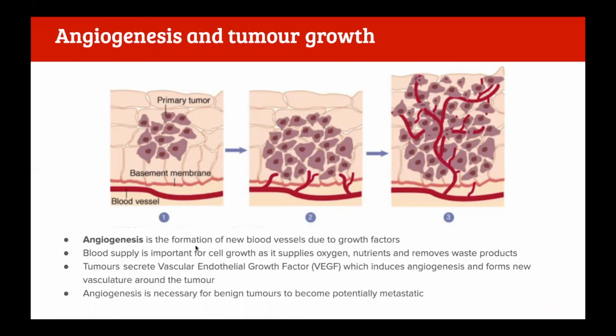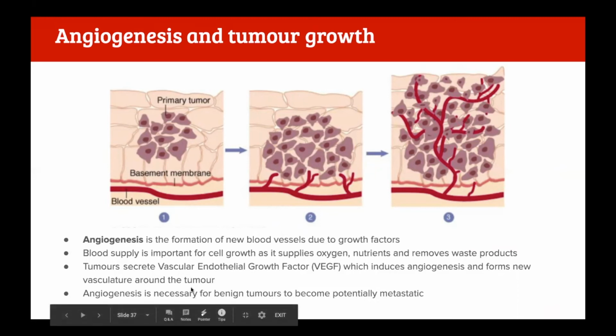So the tumor can essentially control blood growth around it and basically tell the body to feed it so that it can grow. And angiogenesis is necessary for benign tumors to become potentially metastatic.